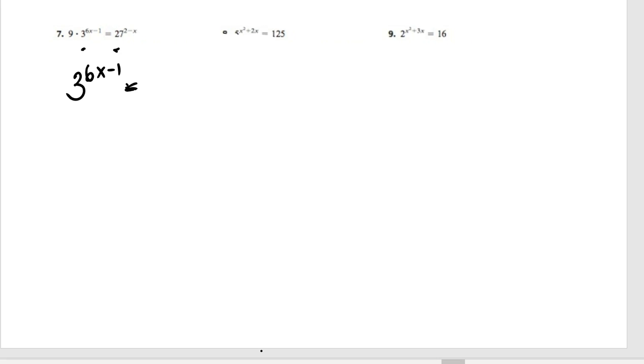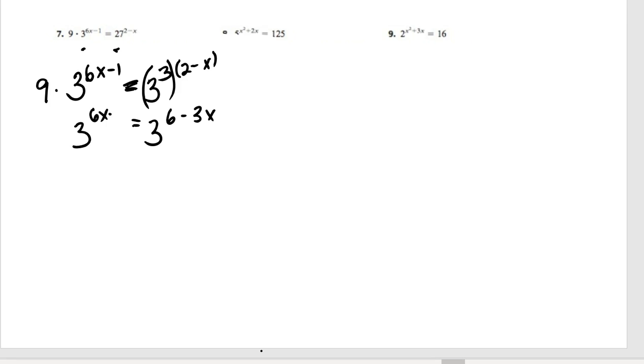And I'm going to rewrite 27 as 3 cubed. 3 cubed is 27. So I could rewrite this, and I know I have a 9 out here too. So I could rewrite this as 3 to the 6 minus 3x. And over here I have 3 to the 6x minus 1.